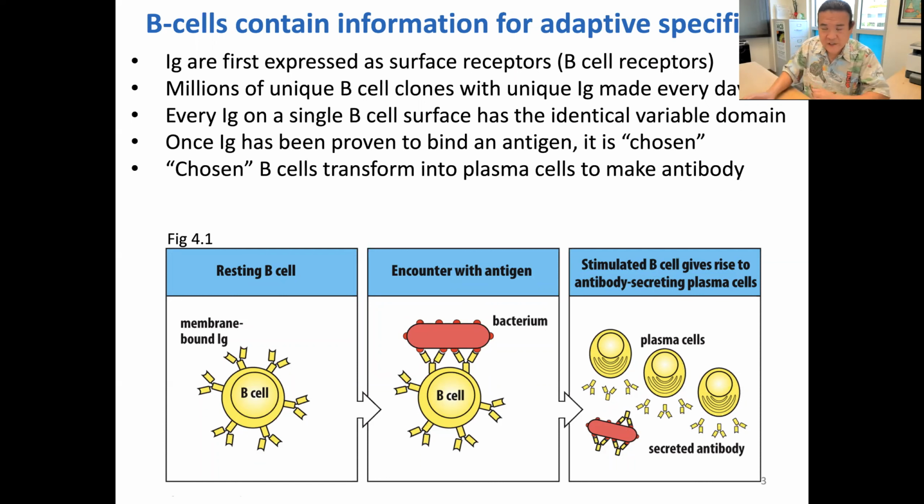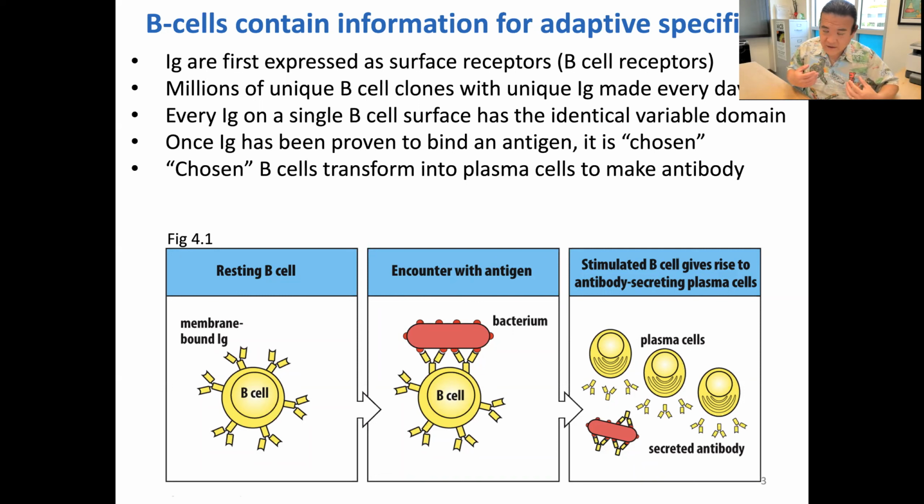And so the surface of the B cell is covered with many, many instances of that particular uniquely shaped IG, right? One B cell only contains the knowledge to make this one particular uniquely shaped IG, and all over its surface, it would be covered with it. So we said that every single day of your life, you would have millions, if not hundreds of millions, of brand new B cells coming out of your bone marrow.